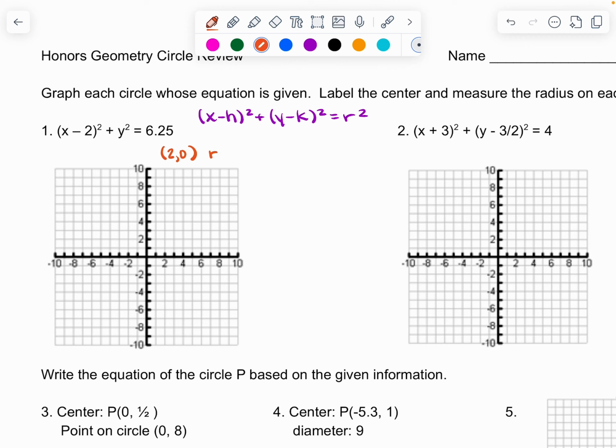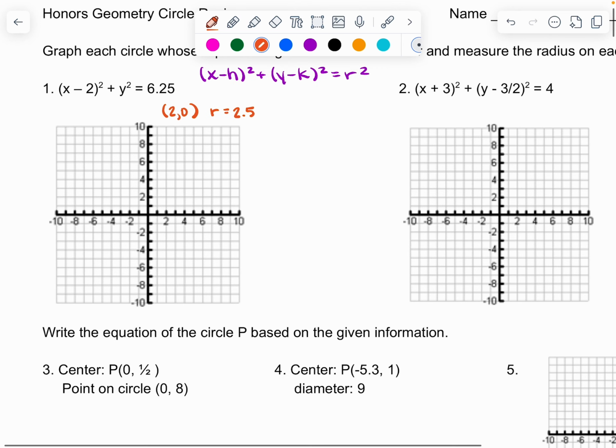And then, of course, the radius is going to be the square root of 6.25, which is going to give us 2.5. So with those two bits of information, we should be able to easily graph our center at 2, 0, and then our radius at 2.5.